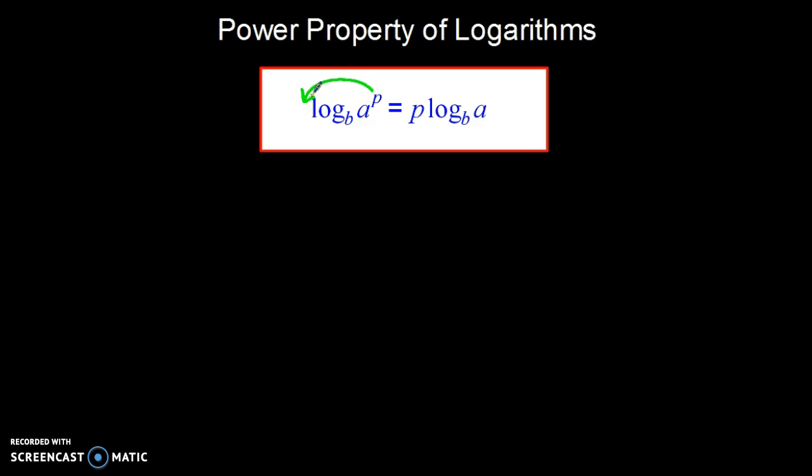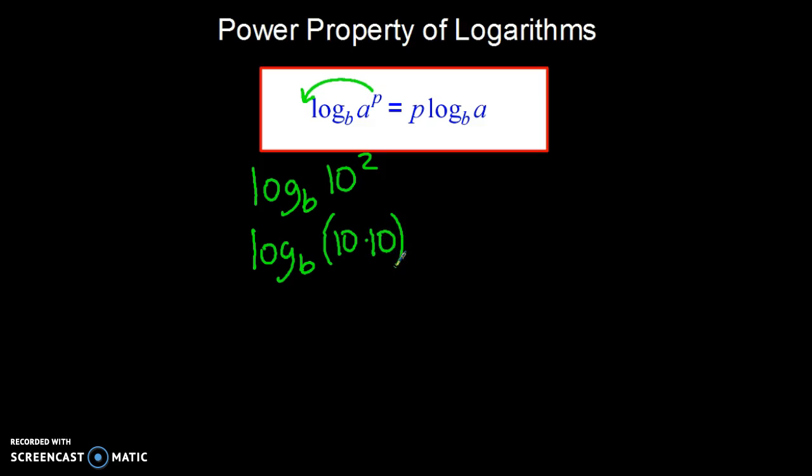Without doing a full proof, we can just look at an example to make sure this makes sense. Let's say we have log base b of 10 squared. Well, 10 squared is the same thing as 10 times 10. So this is log base b of 10 times 10. And from the last video, we know that when you have two things multiplied inside of a log, it's the same as adding those separate logs.